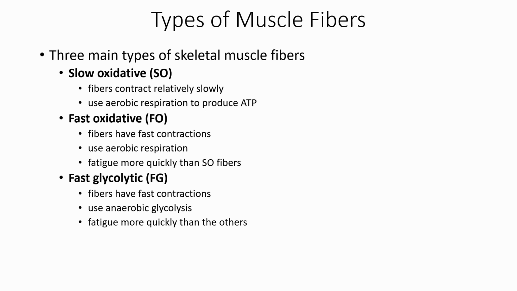The fibers that are slow oxidative are going to be better for things that require a long sustained response. So let's say running a marathon. You won't find me doing that ever, but let's say you wanted to. Your slow oxidative muscle fibers would be more reliable in this case, because they are contracting a little slower, but they're using a process that produces a lot of ATP. They're not going to fatigue as fast.